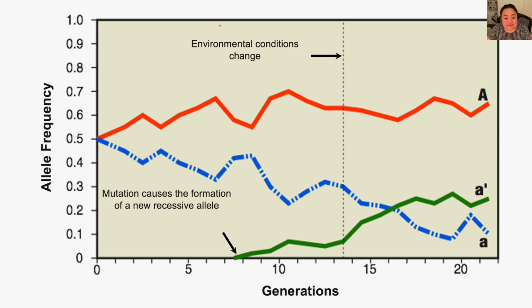Then, in the 7th generation, a gametic mutation occurred and a brand new allele entered the gene pool, A'. In the 13th generation, there was a change in environmental conditions. There were new selection pressures that favored the brand new mutant allele, giving it a competitive advantage. And the mutant allele steadily increased in frequency over time and becomes established in the gene pool.